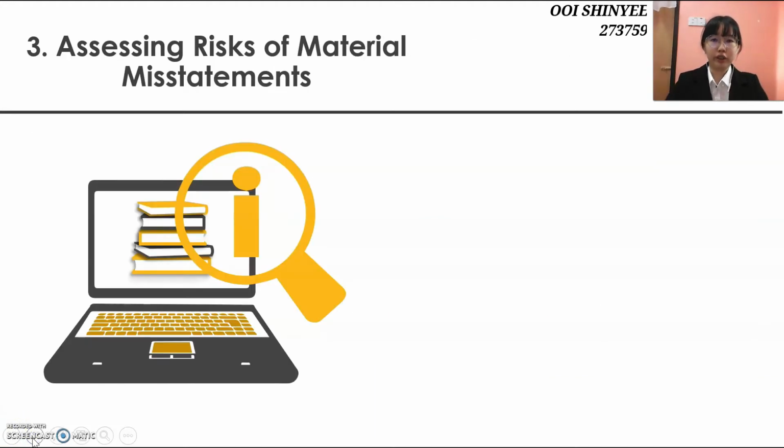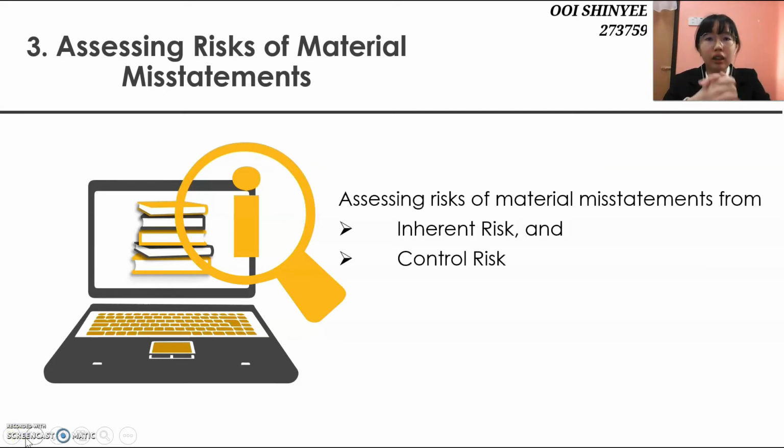So the third step is assessing risk of material misstatement. Based on the information obtained from an understanding of the entity, inherent risks and internal controls, the auditors assess the risk of material misstatements from both inherent and control risks. For example, the auditors may determine whether the purchases are vulnerable to risk of understatement due to the pressures to report high profits.